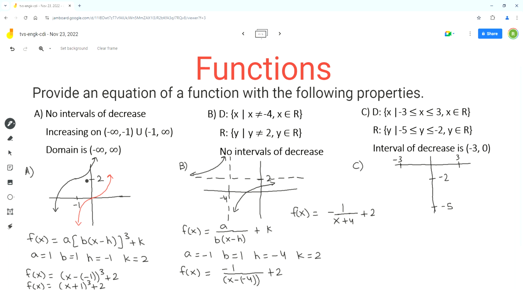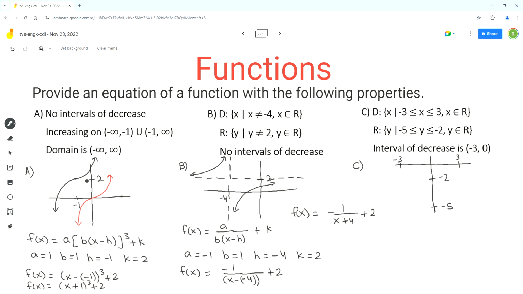That means the interval of increase is from 0 to 3 because the domain is from -3 to +3. That means the graph should go down from left to right from -3 to 0 along the x-axis and should go up from 0 to 3 as we go along the x-axis.